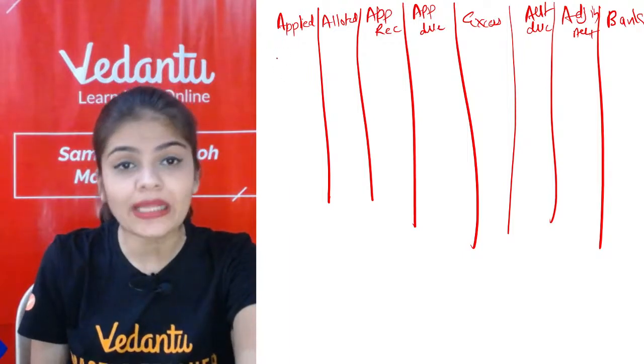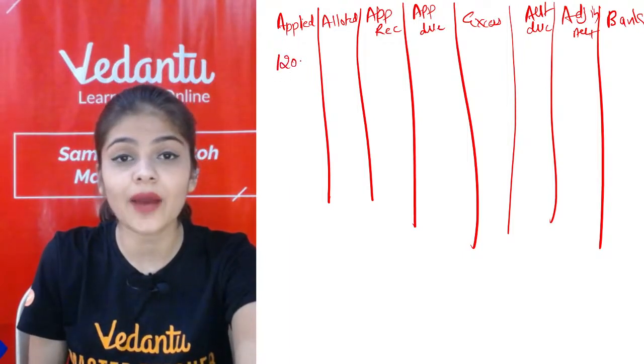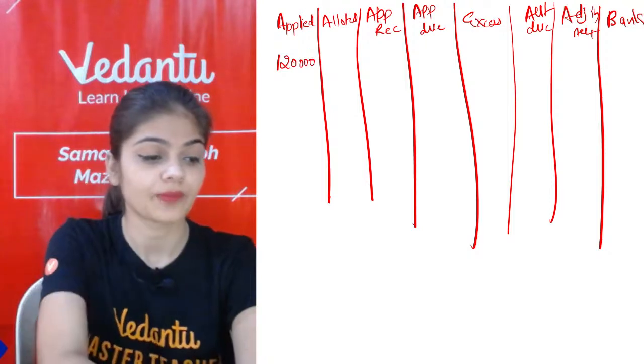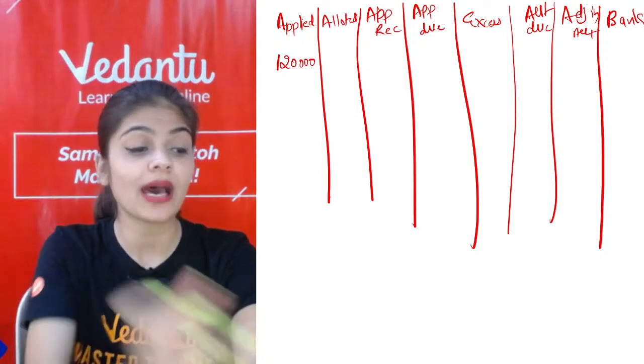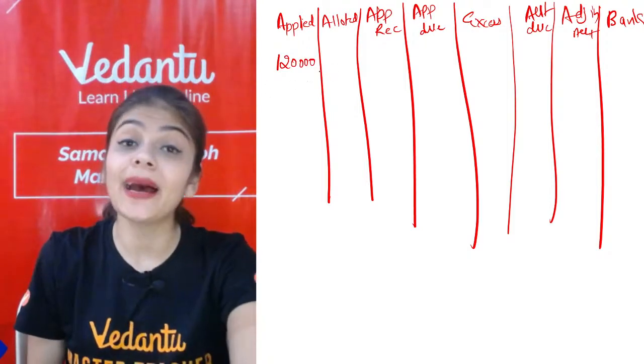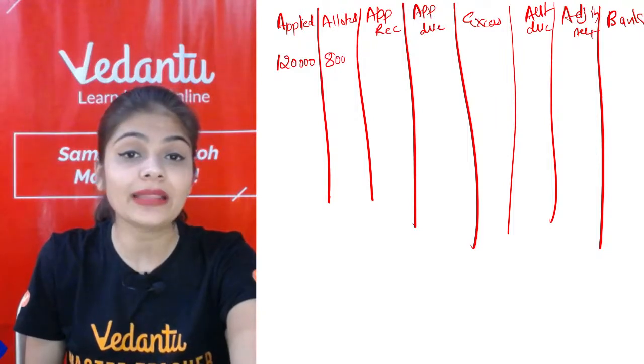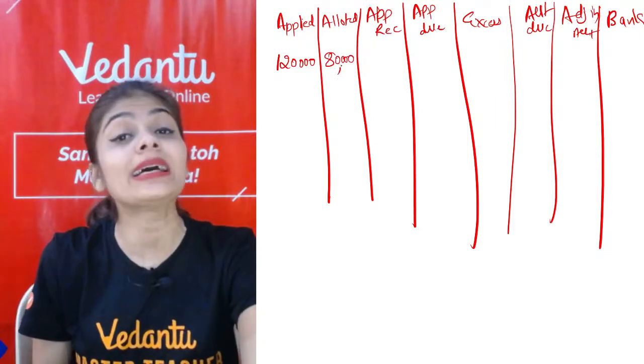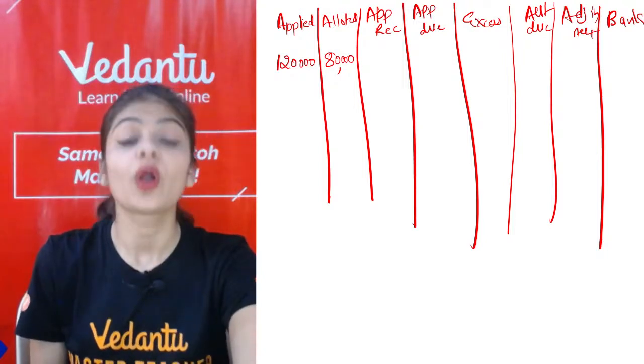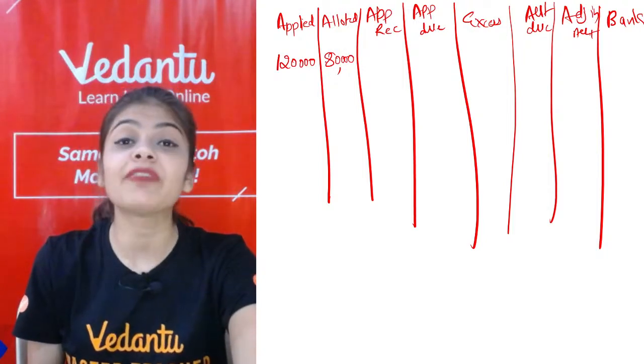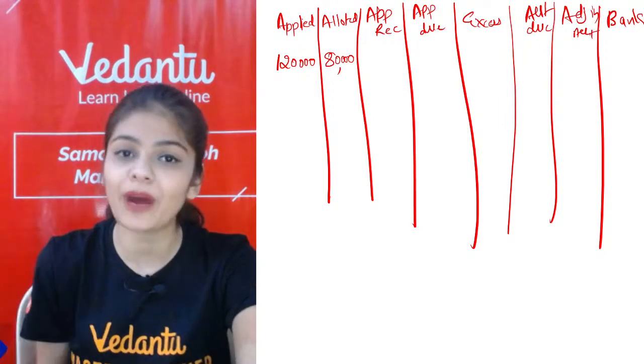Now the total applications received are 1,20,000. But we can only allot 80,000 equity shares. On application, we have to receive 30 rupees per share.